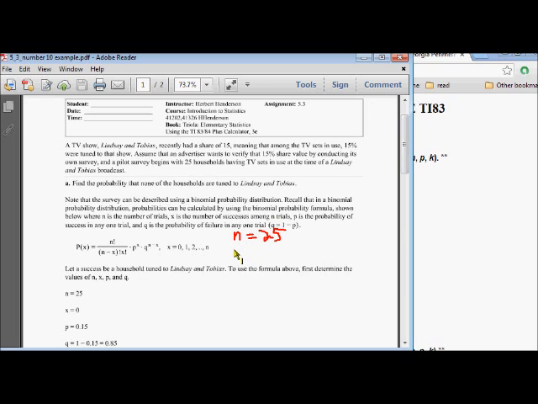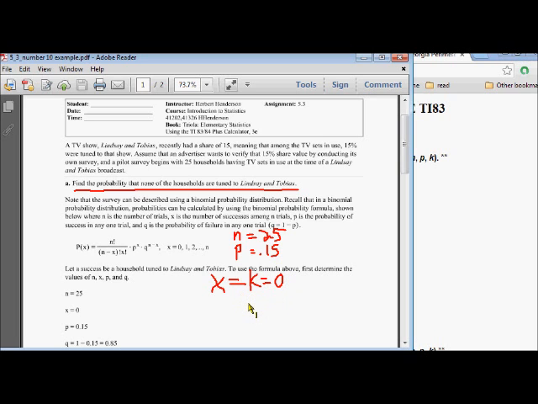We've got P equal to 0.15. And then finally, we've got the question: find the probability that none of the households are watching it. So here we've got X, which is equal to K, which is equal to 0.